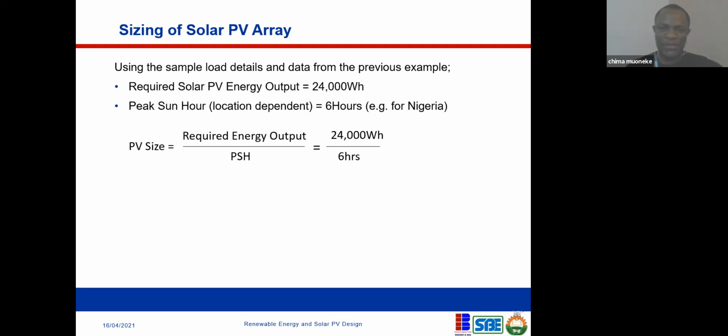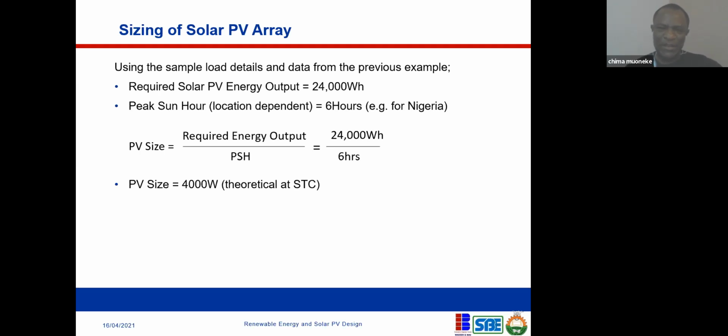And then we'll have what the PV size would be. So our required load that we need to support is 24,000 watt hour. If you divide that by 6 hours for Nigeria as an example, in Nigeria it's basically 6 hours, but it depends. Some location might be 5 hours or less. So on the average, we use about 6 hours for Nigeria.